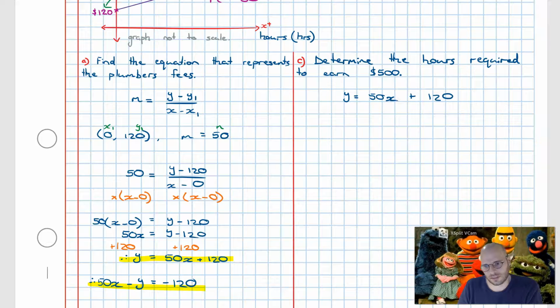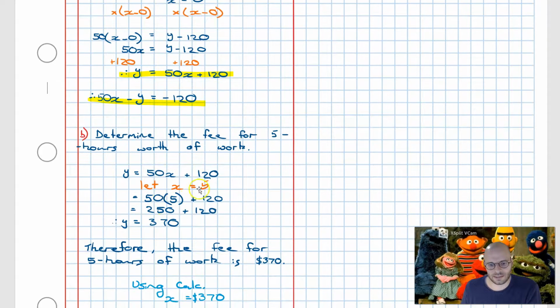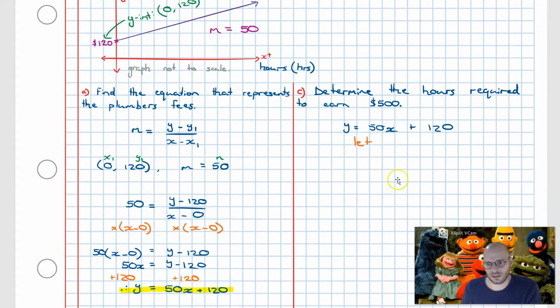Going down, we're going to say let, and in the previous question we let x equal the value because we're looking for 5 hours worth of work. In this instance, we're determining how many hours required to earn 500. So it's no longer x being 500, it's y is 500. Another giveaway is the fact that it's dollars.